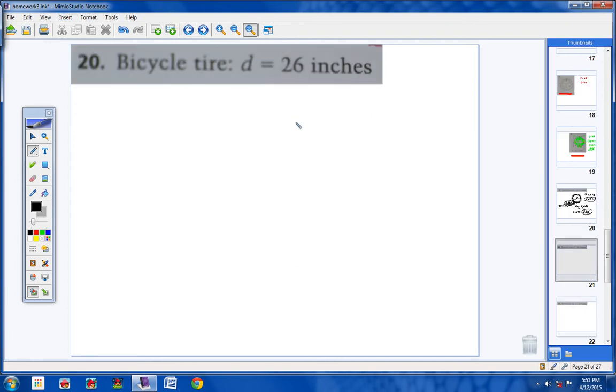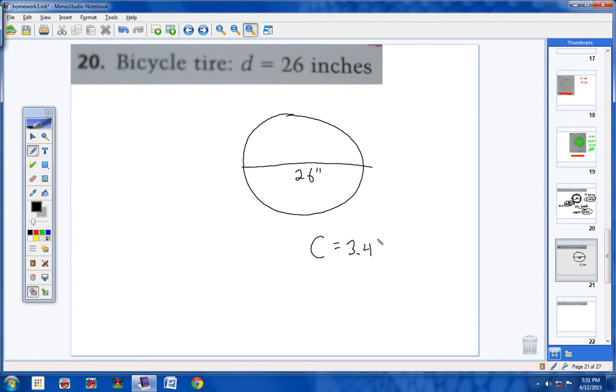Alright, we have a bicycle that has a diameter of 26 inches. We're going to do the exact same thing, okay? So here we go. First of all, we're going to find the circumference of the entire circle, which is pi, 3.14, times the diameter, 26.